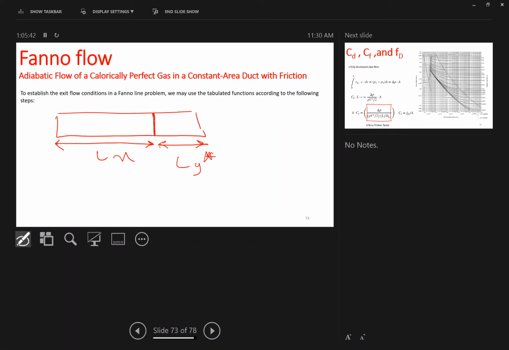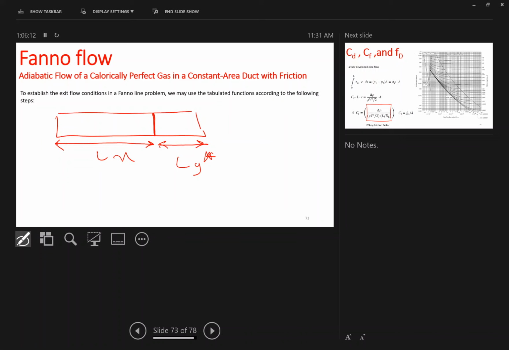Let's say you are coming in with a supersonic flow, right? And you know that your length is larger than L star. You also know that your exit condition is going to be the sonic condition because of the adjustments that are going to be made inside the duct. And we also know that there will be a normal shock wave inside the duct. So what do we guess?